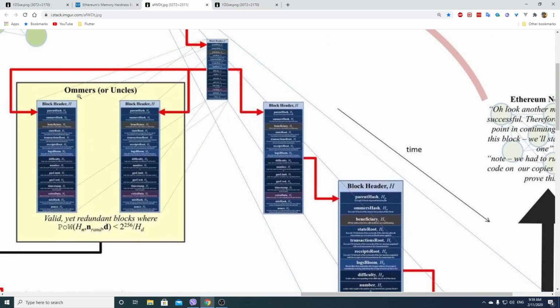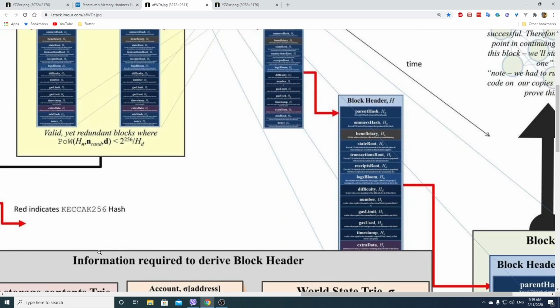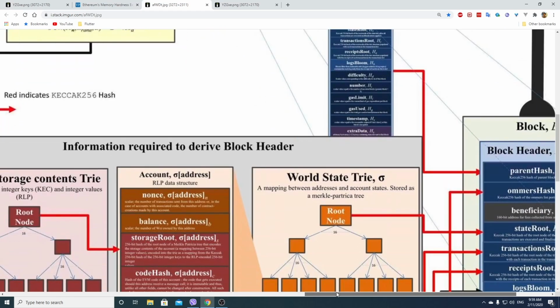Right. And for our uncle, the block header is included, but the content is not included. So you just need to prove that you have hashed something, but you don't have to provide the transactions and the state, right? And you will get a reward for that.